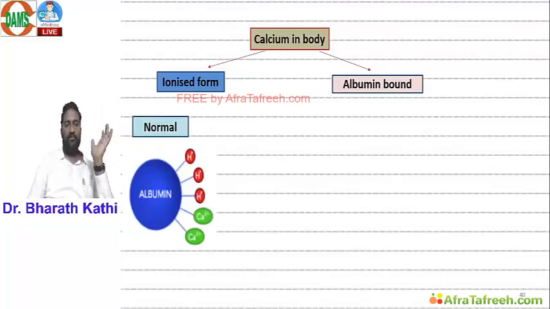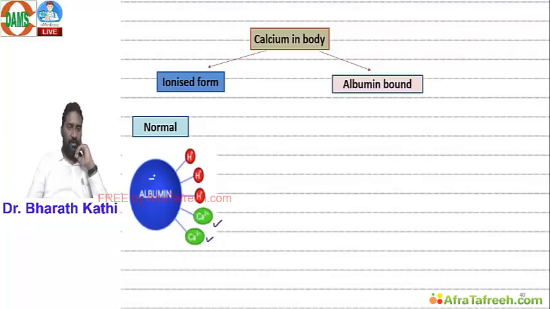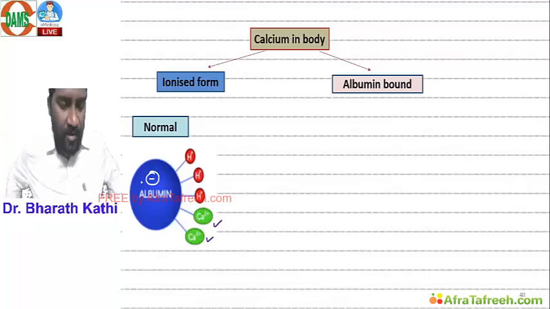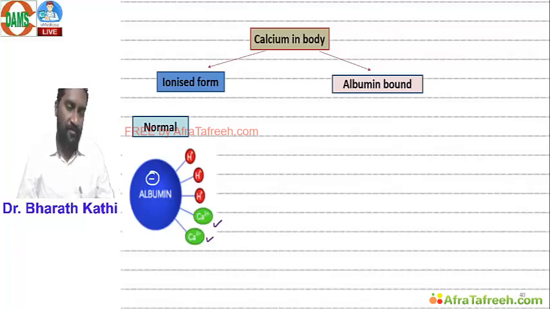Some amount of calcium is always bound with albumin. You must be knowing albumin is one of the negative charged substance in your body. It not only gives space to calcium, it also gives space to H plus ions.